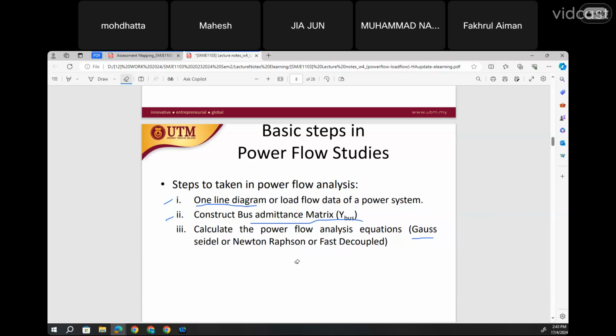In this course, we are not going to get into all of these techniques or methods. We will only focus on the Gauss-Seidel method in this course, right?